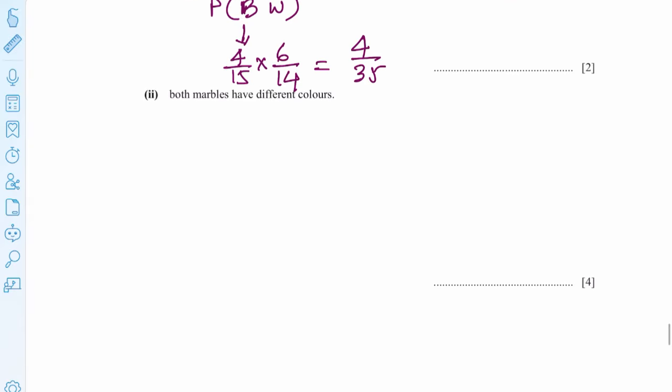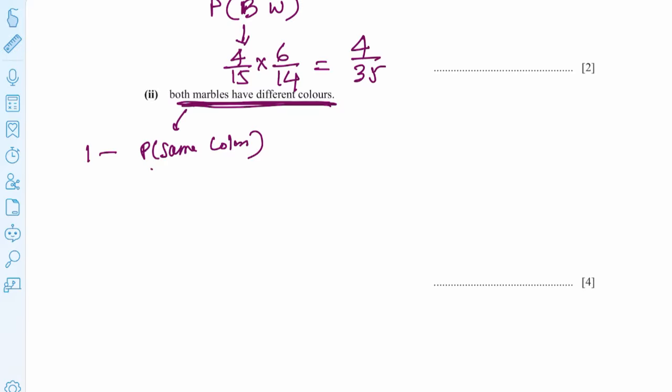Second thing is, both marbles have different colors, right? In 2 ways we can solve this question. The easiest way I find is to find the probability of getting the same colors. Find that one and subtract it from 1, because the total probability for any particular experiment is 1.